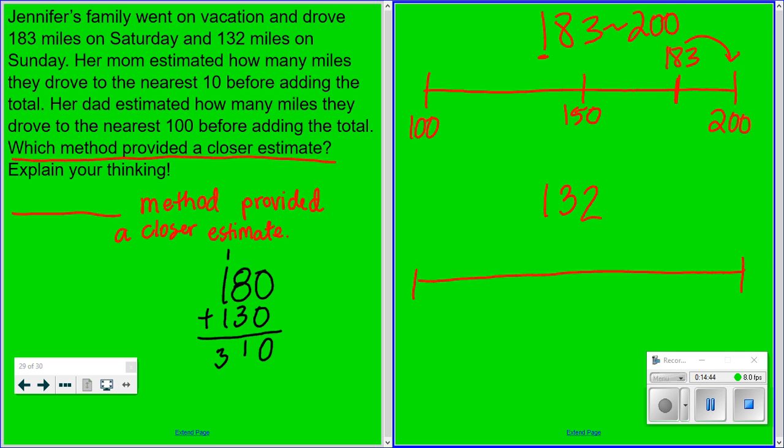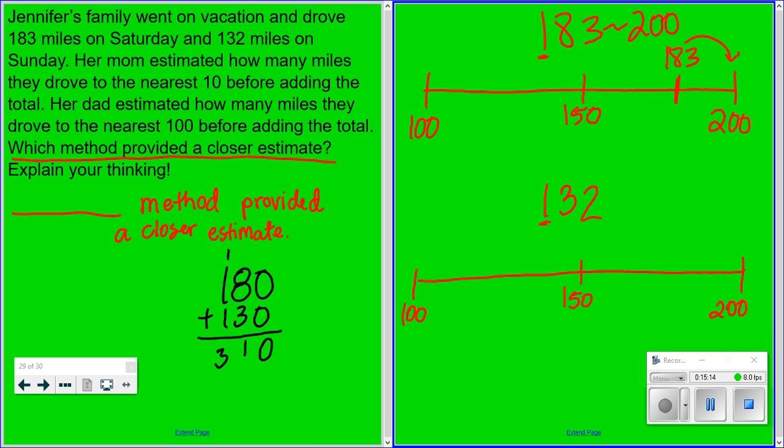What is it? 100. Because again, our digit in the hundreds place is a 1. That tells us our first endpoint is 100. What's going to be our endpoint then? Emma? 200, very good. And once again, Dominic, our middle is going to be 150. Very good.